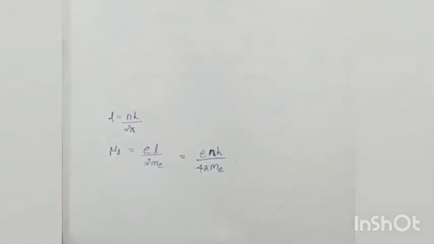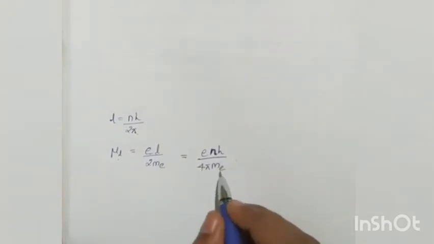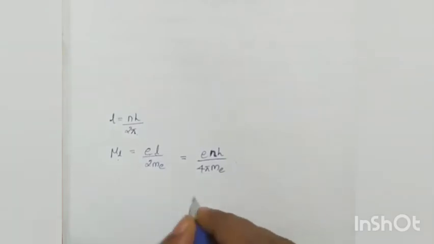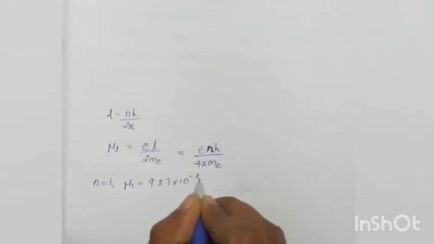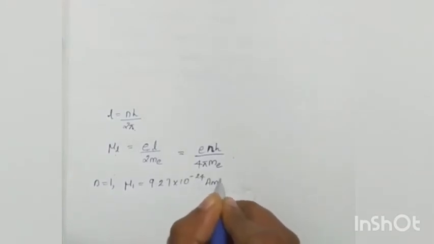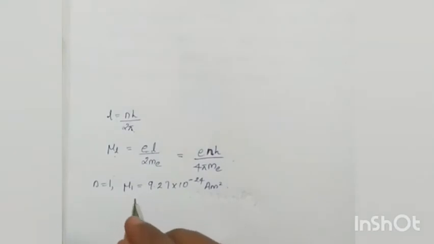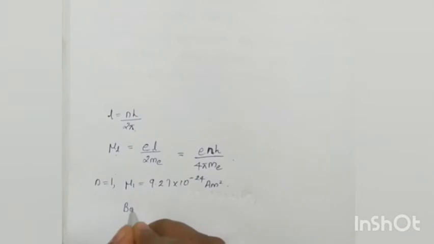By putting in these constant values and putting n equal to 1, the minimum value for magnetic moment is obtained as 9.27 into 10 raised to minus 24 A m square. And this minimum value of the magnetic moment is called the Bohr magneton.